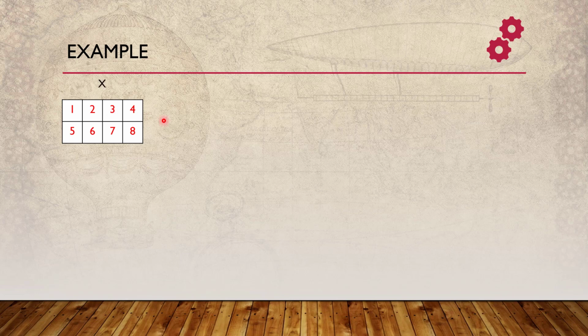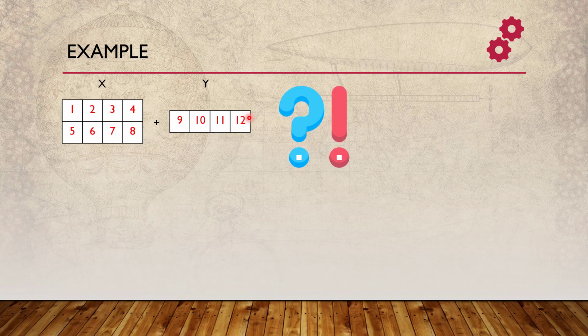Let's say it's x, and I have a vector with a single dimension, let's say it's y. I want to add these two together. How should I do it? As we have seen before, x and y need to be the same shape, only then will we be able to add them. x is the higher dimensional tensor here, which is 2 by 4, and y is the lower dimensional tensor, a vector.